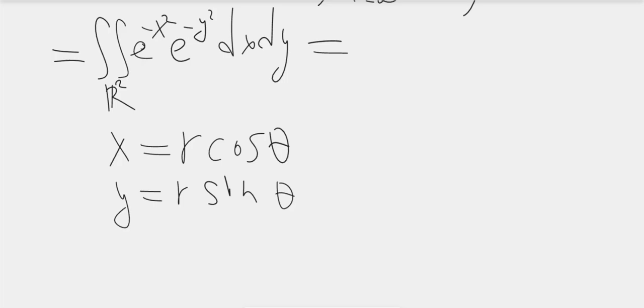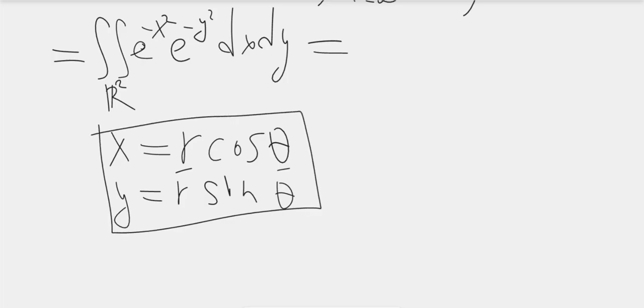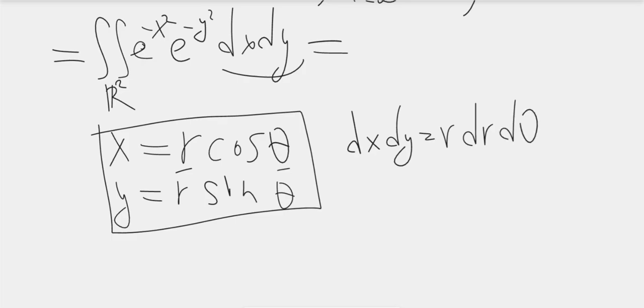We introduced two new variables, r and theta. Theta is the angle, and it is a standard substitution. So we know how to rewrite dx dy: dx dy should be rewritten as r dr d theta.